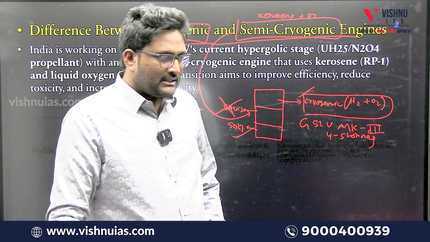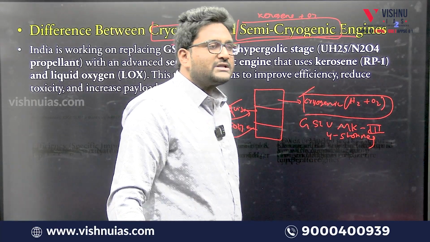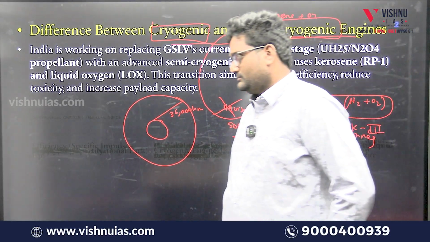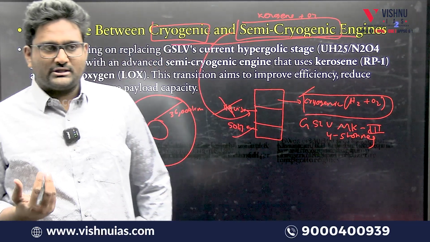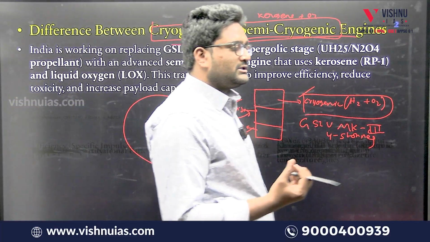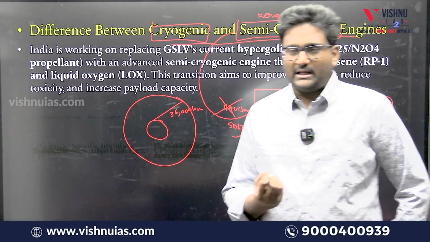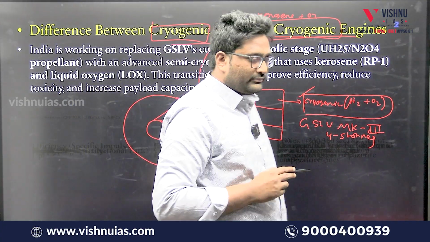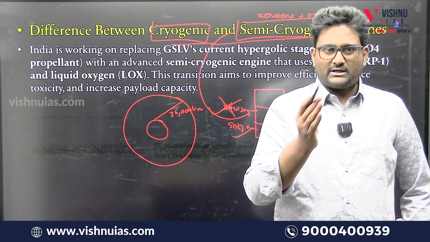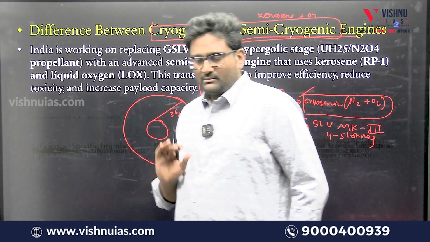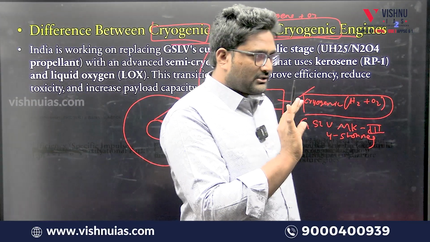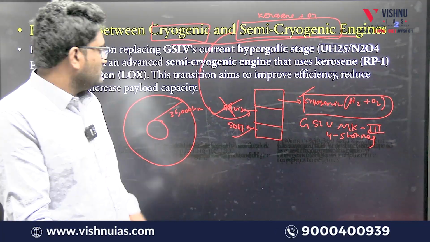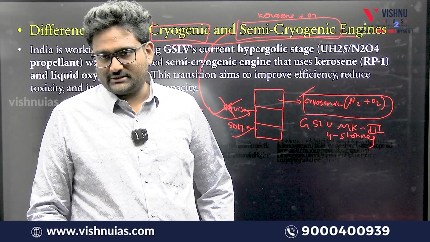Why? See, even though semi-cryogenic is not as powerful as cryogenic, cryogenic is the highest stage of power. Okay. Semi-cryogenic is less powerful than cryogenic, but it is more powerful than the liquid stage. I will discuss what this liquid fuel is, but let us remember this. That is one.